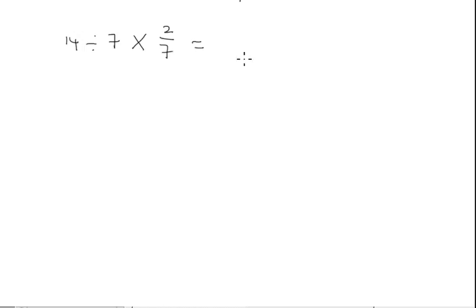Put my equal sign here. 14 divided by 7 is equal to 2, right? And then I copy back the multiplication sign, 2 over 7. And this is equal to 4 over 7, because it's 2 times 2, and then divide by 7, and this is my answer.